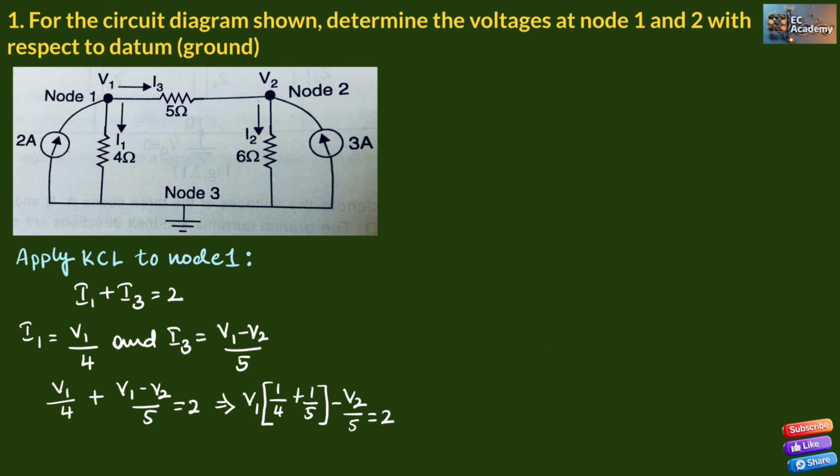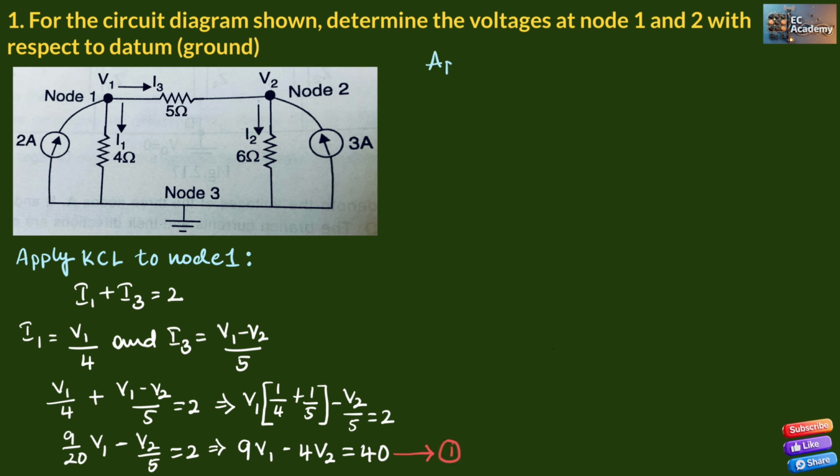So, we can write the equation as 9 divided by 20 into V1 minus V2 divided by 5 will be equal to 2. Now, to cancel out these denominator terms, let us multiply this equation by 20. So if we multiply this equation by 20, we'll get 9V1 minus 4V2 will be equal to 40. Let us call this equation number 1.